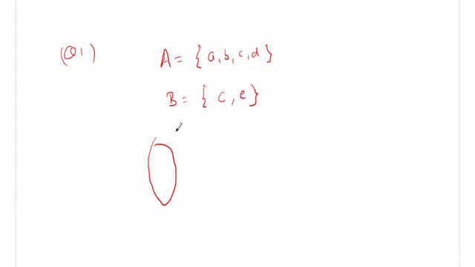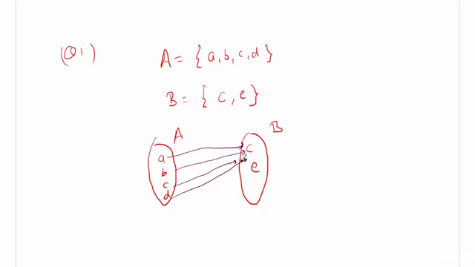Now we can do some questions just for our practice. Suppose we are given a set A which has elements A, B, C and D, and a set B which has elements C and E. Now if we draw a function from set A to set B, and let's say all the elements of set A are associated with just one element like this, this is still a function, because it satisfies all the properties of a function.